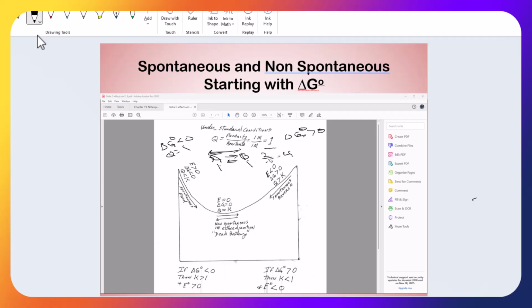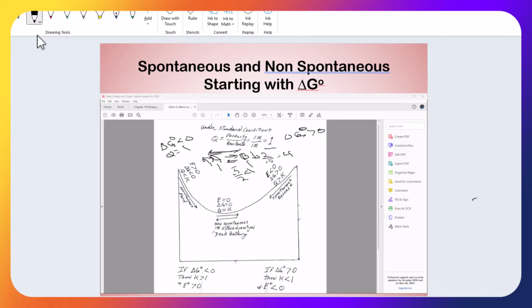That means B and A are both 1. And in this case, B is going to get smaller because the reaction is running in reverse. That means that A is going to get larger. And so what you wind up with is, let's say, 0.5 for our product and 2 for our reactant, which gives us a number that is less than 1.